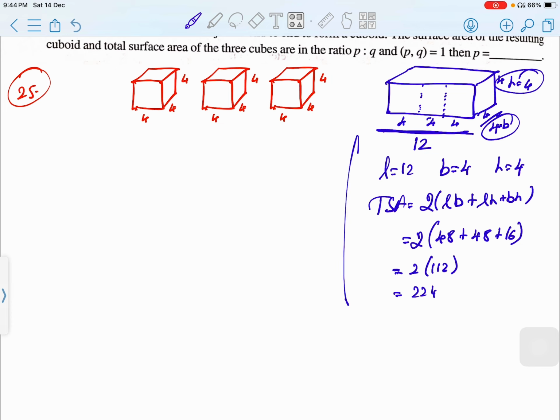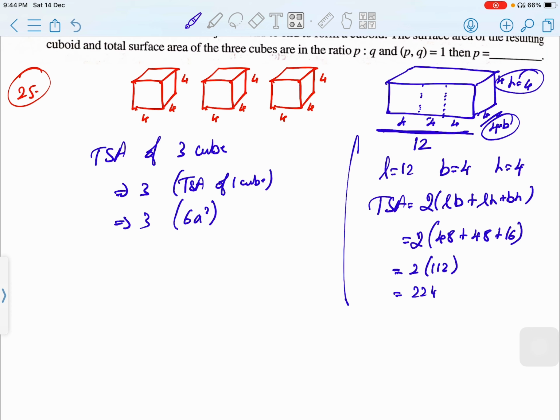Then the ratio of this to the total surface area of 3 cubes. Total surface area of 1 cube, you can multiply by 3. So what is that? 6 into a square. So 3 into 6 into 4 square.